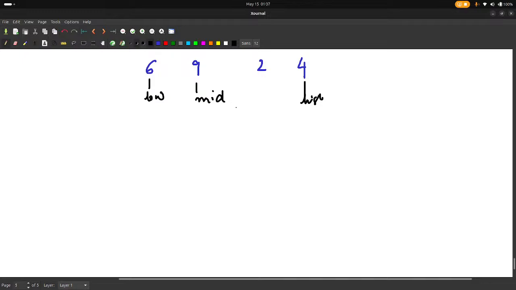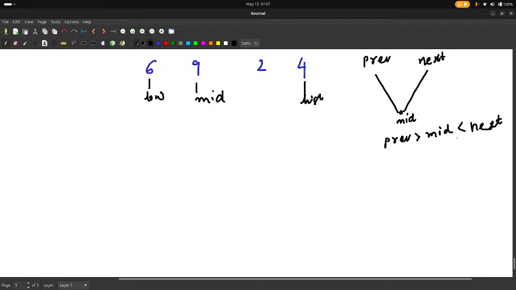Now, while checking that element, what do I have to calculate? If I consider this as mid, with previous and next on both sides, previous should be greater than mid, and also greater than next.